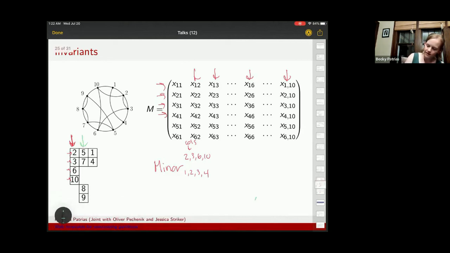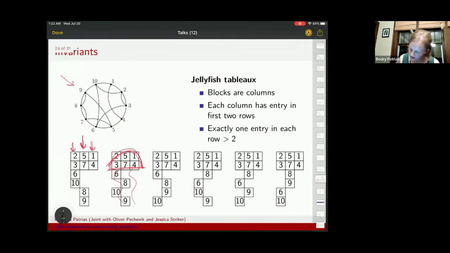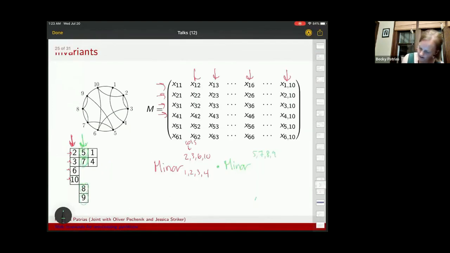For my next column, I'm using columns of my matrix M 5, 7, 8, 9. And for the rows of my minor, I'm going to look at which rows are used in that column of my jellyfish tableau. And I see that I'm using rows 1, 2, 5, and 6.